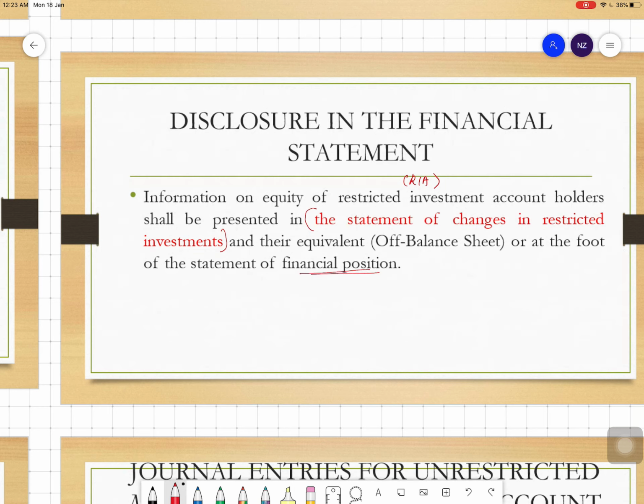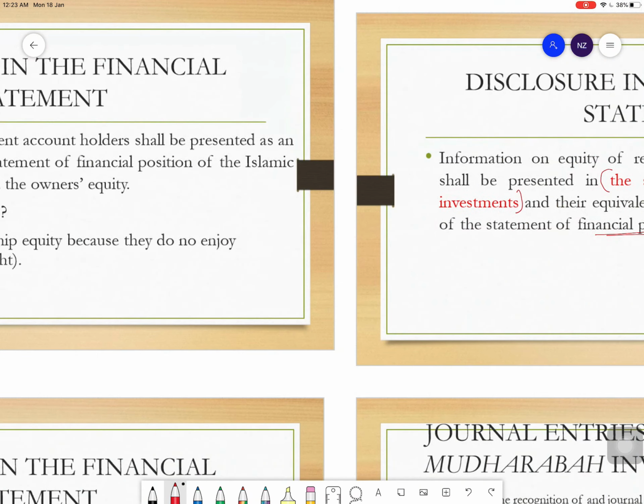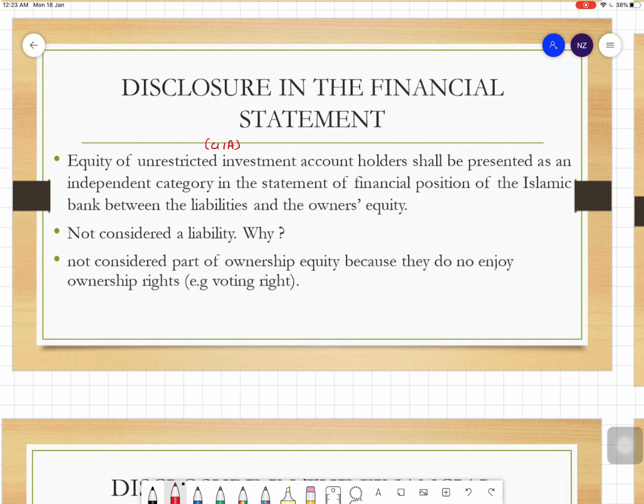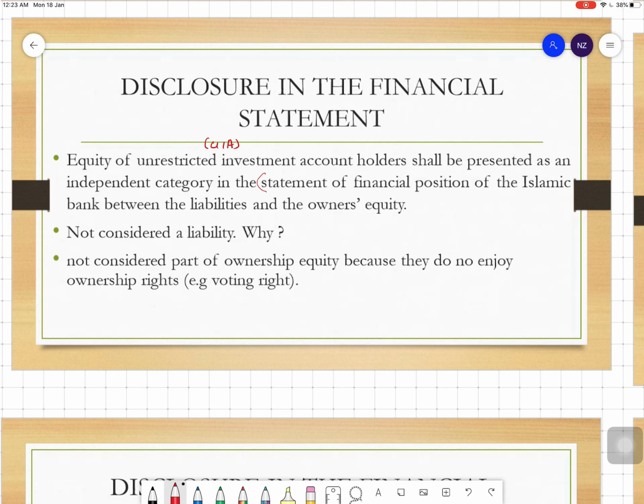So if you look, for RIA, you have to put those figures in the statement of changes in restricted investment, but for UIA, they only go in the SOFP of the Islamic Bank, between the liabilities and the owner's equity.